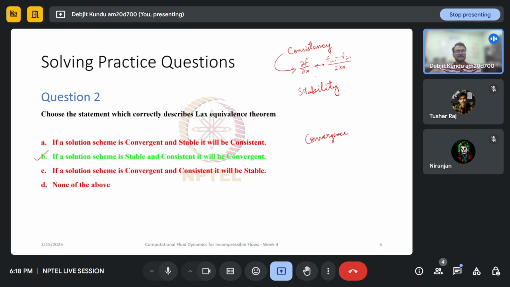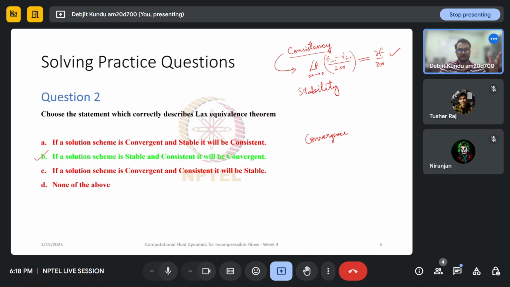One scheme is said to be consistent if and only if this whole thing, under the limit of delta x tends to 0, is actually equal to the original partial differential term. I'm just considering one term over here. You'll have to consider the whole partial differential equation in a real case. If this is true, then only it will be called consistent.